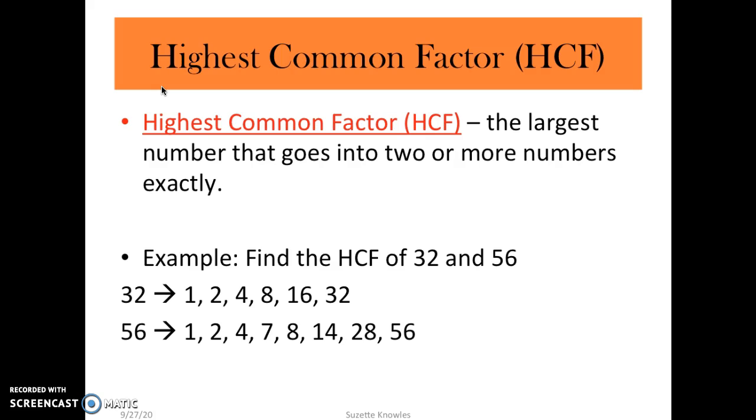We now look to see the highest number we see in both places. Of course, we may see more than one common number, but we want the highest of all. So 1, 2, 4, and 8 are common factors, but the highest one is 8.